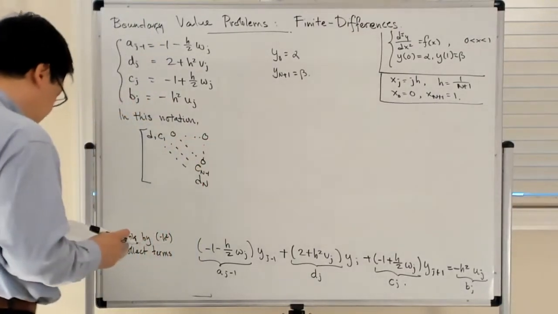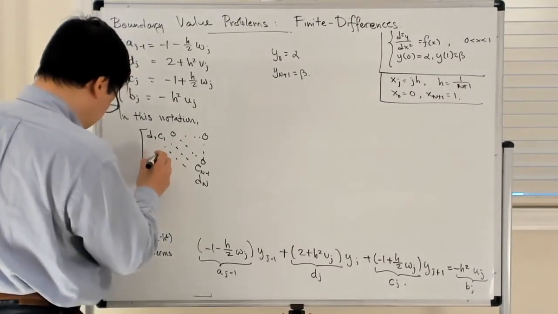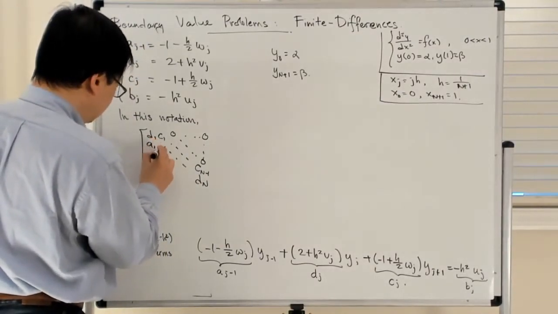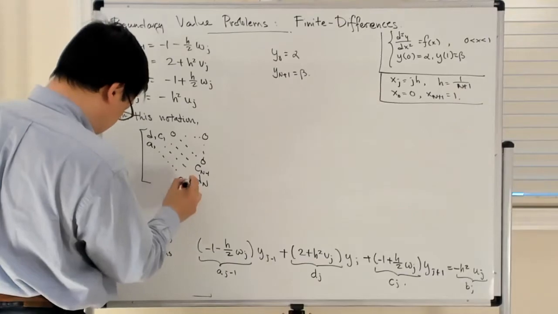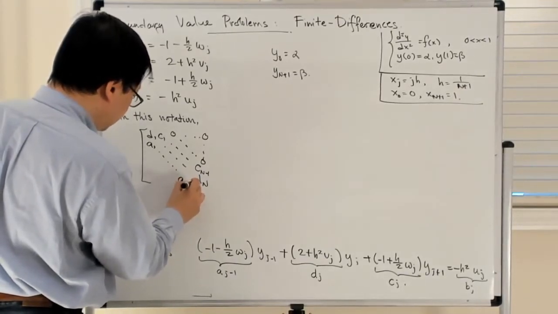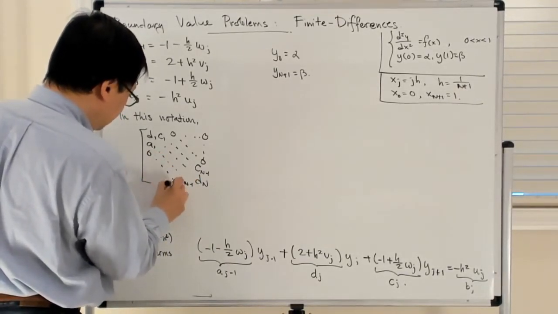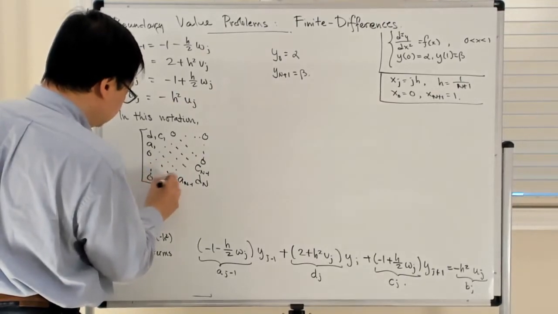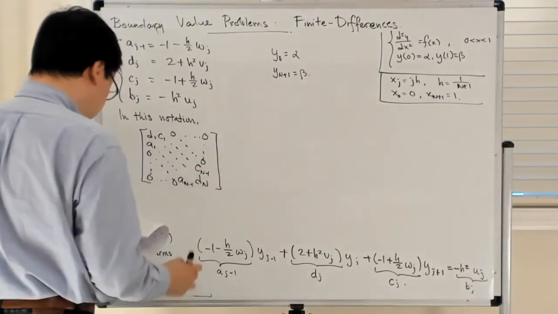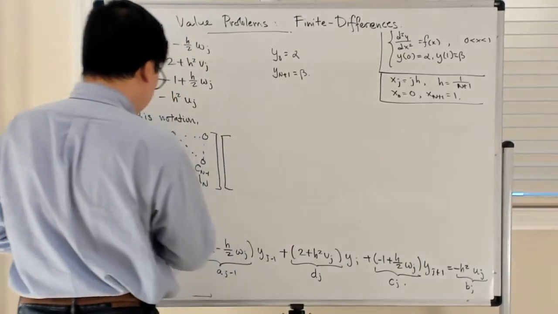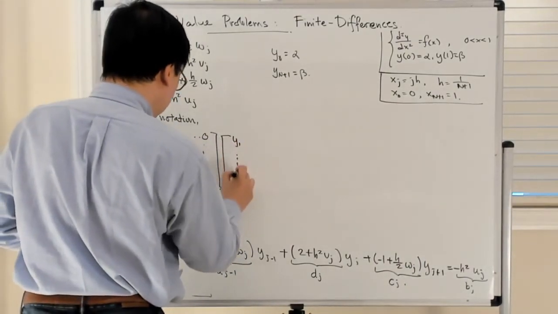Then you have a1 to a n minus 1, and then zeros again. So you have a linear system with a matrix like that, times y1 to yn.